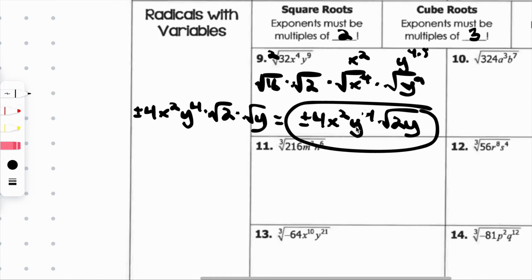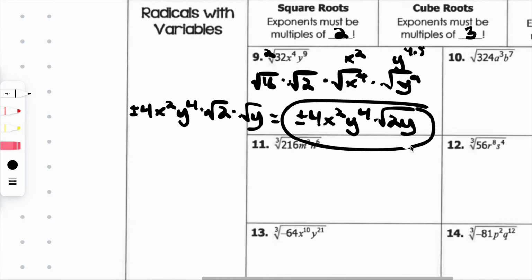So we would say y to the 4th, because we have y squared going into y to the 9th 4 times evenly. And then we'd have 1 y left over, or a y to the 1st. And so that's where we would still keep that under the square root, if that makes sense.